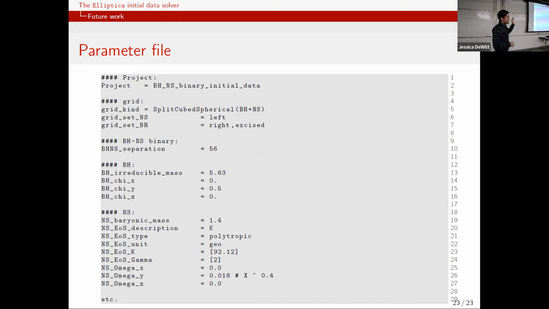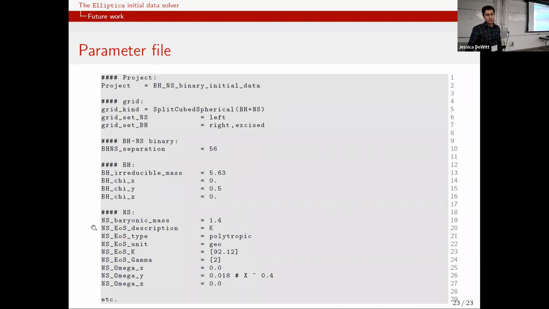So you set the value of the project there, and then you specify the grid that you want and where you want to reside your neutron star and black hole, and you set the separation, you set the irreducible mass of the black hole, you set the chi value, or the dimensionless spin, of the black hole. Then you go to the neutron star, you set the baryonic mass.